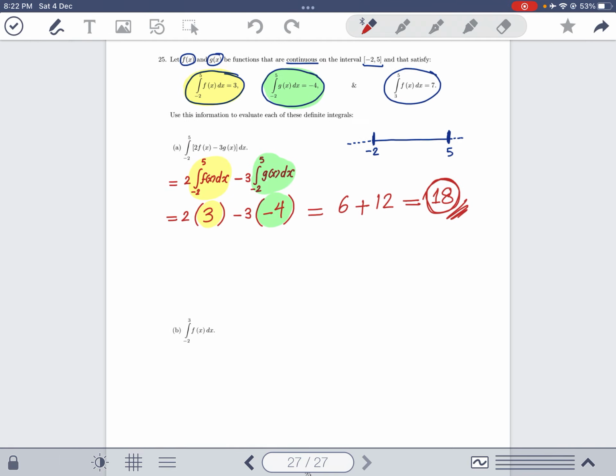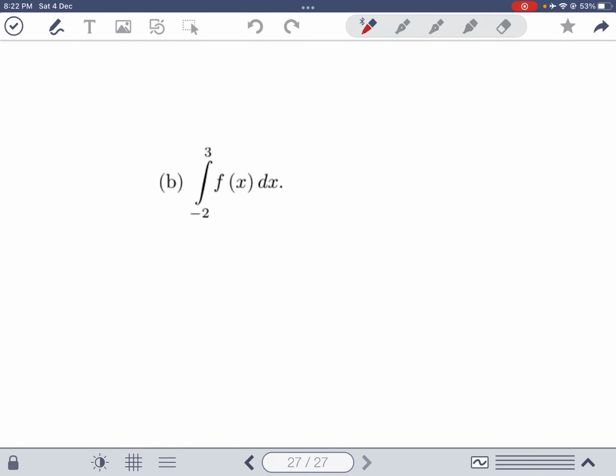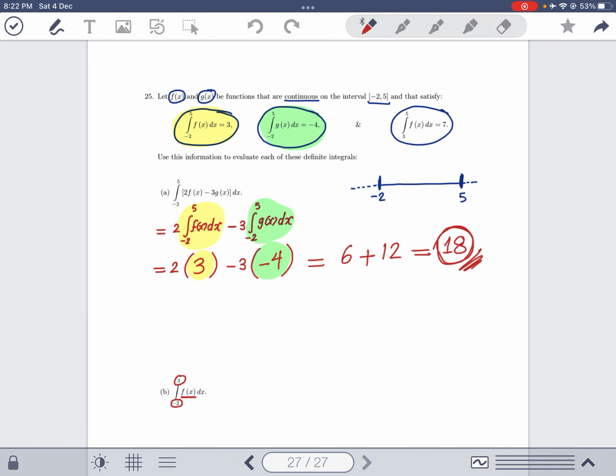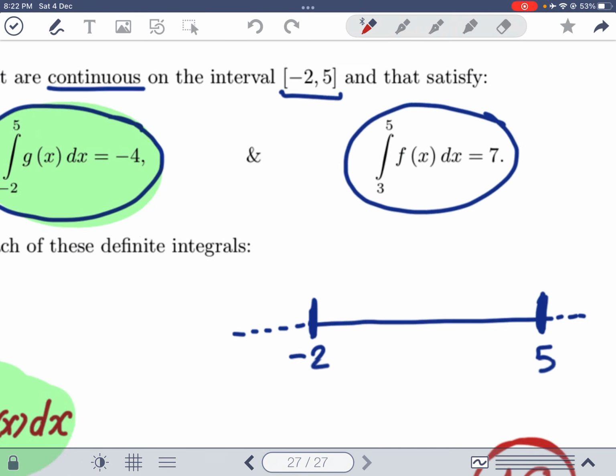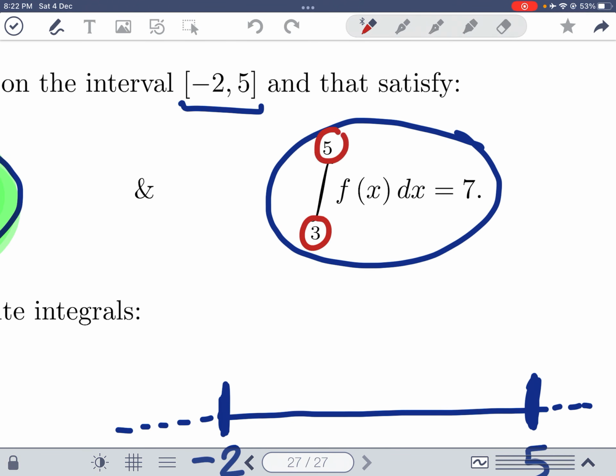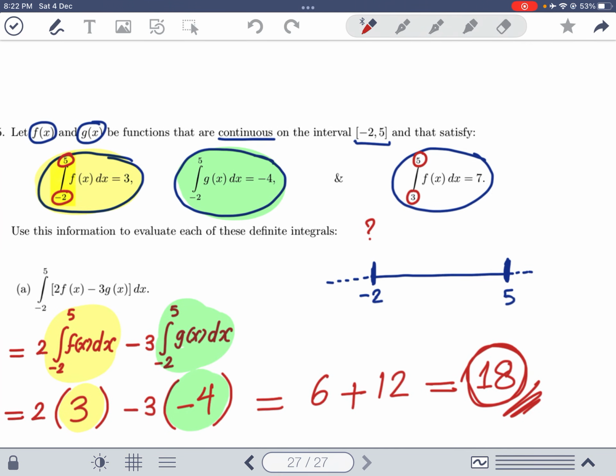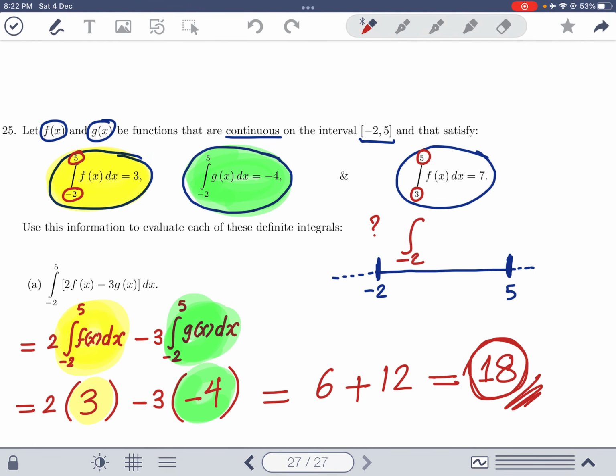Good. The second one is asking you, I want from -2 to 3 of f. But what you're given, for f, you're given from -2 to 5, not to 3. And the other one even is between 3 and 5. So how would we do it? They're asking us to do from -2 to 3.